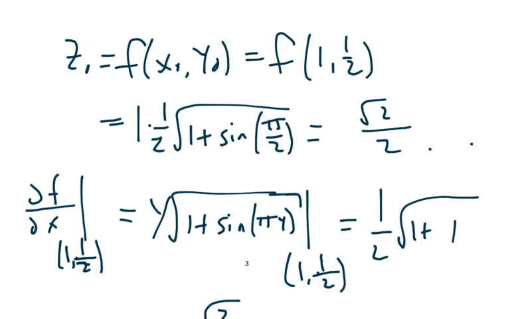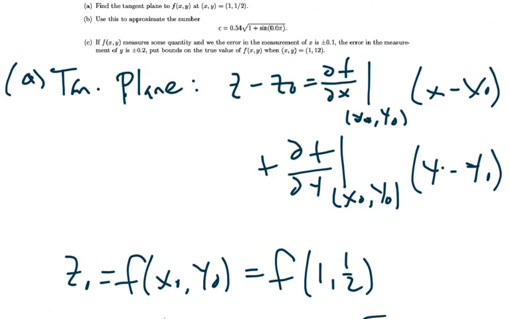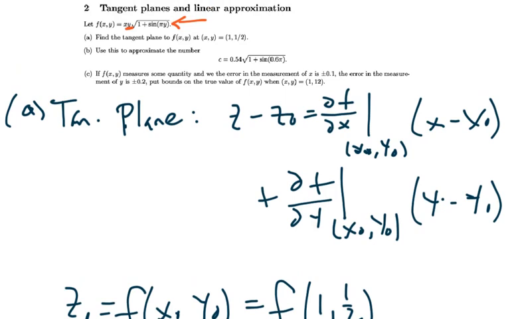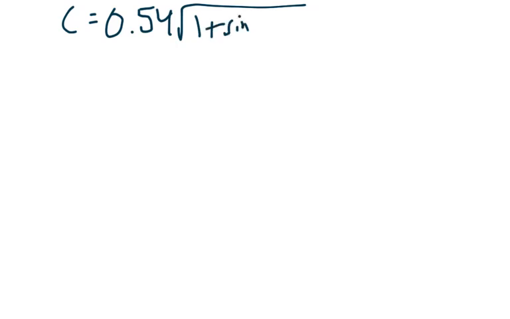Okay, here's the next part. What does the next part ask? Use this to approximate the number c equal to 0.54 times square root of 1 plus sine 0.6 pi. So I'll write this number up here. Okay, so the first thing we're going to notice is that we have this 0.6.